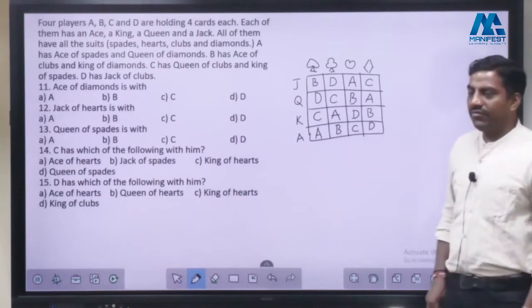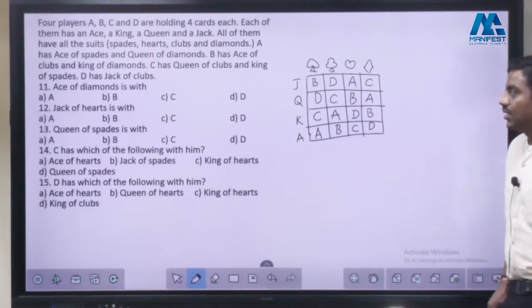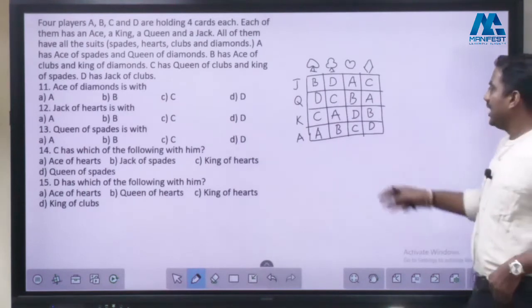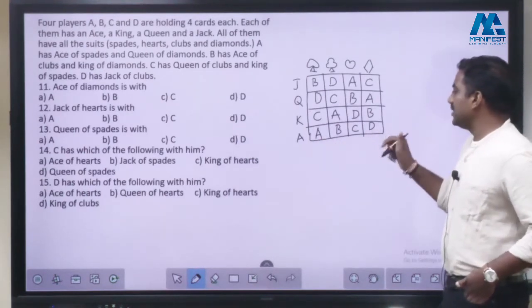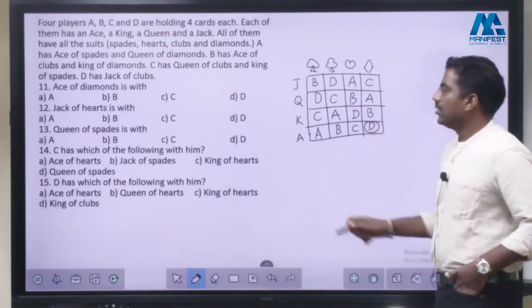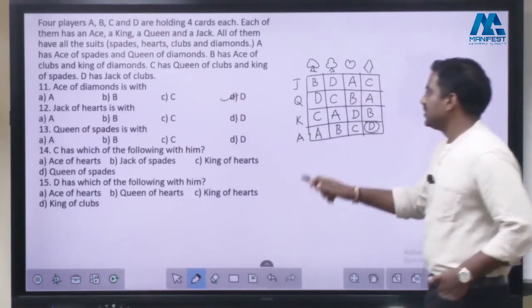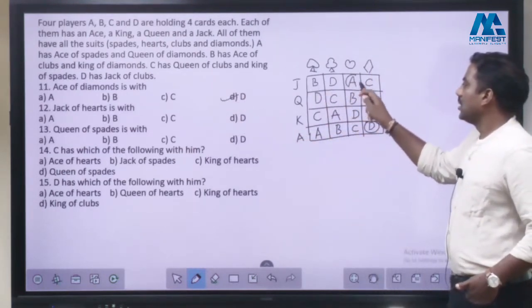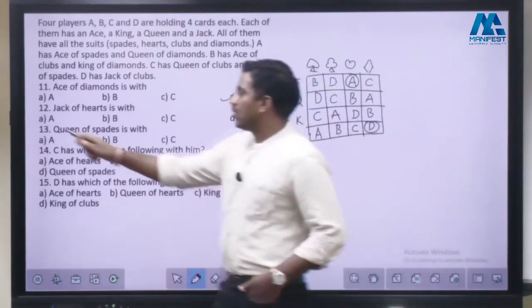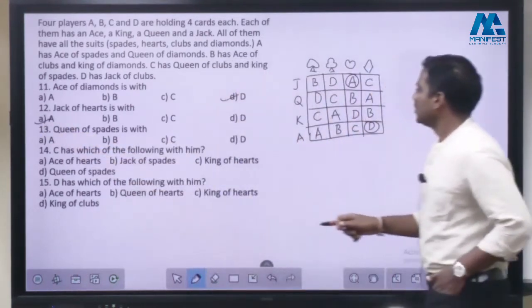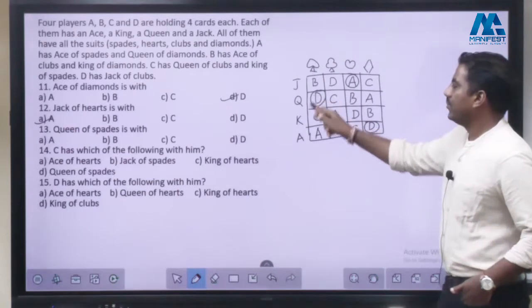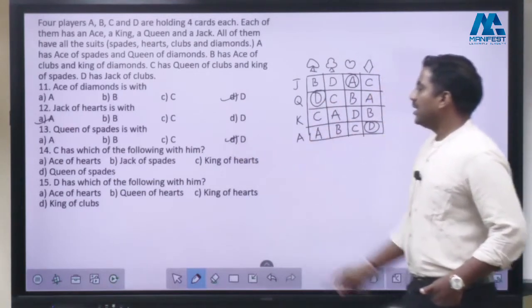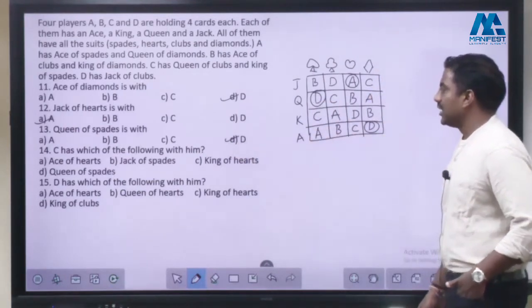Now, this is filled. We can go to the questions. Ace of diamonds is with D. Jack of hearts, A. Queen of spades, D. C has which of the following with him?